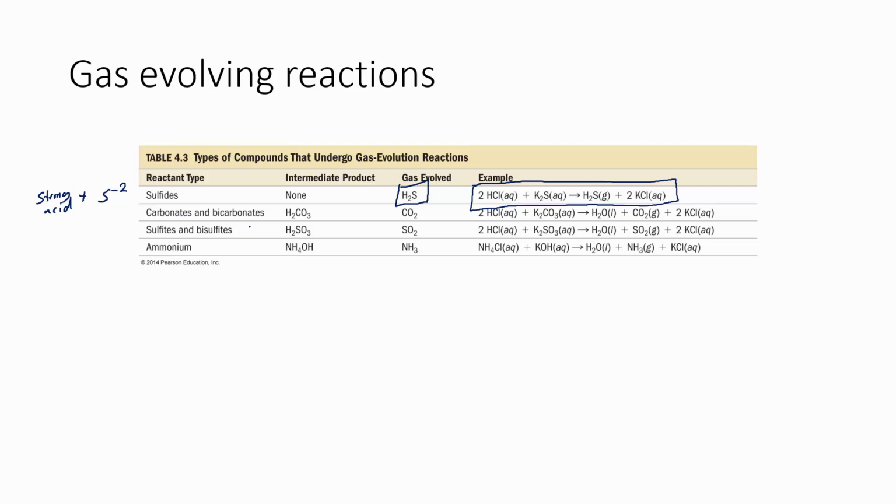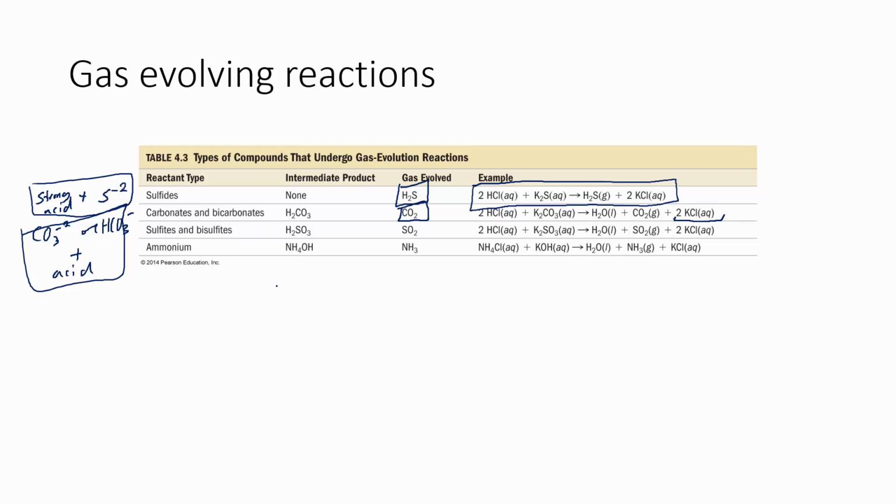If we have carbonates or bicarbonates, so that's CO3 2- or HCO3-, and we react that with an acid, then what we're going to get is carbon dioxide. And the way that works is the strong acid and the carbonate form water, CO2, and again, whatever's left over. So in this case, potassium and chloride.